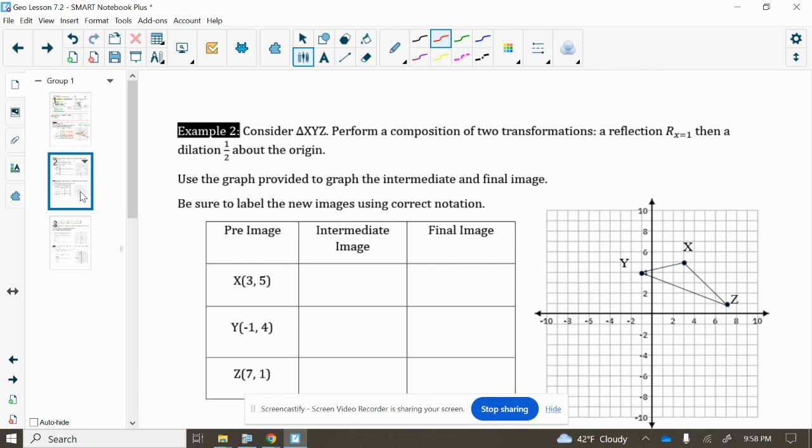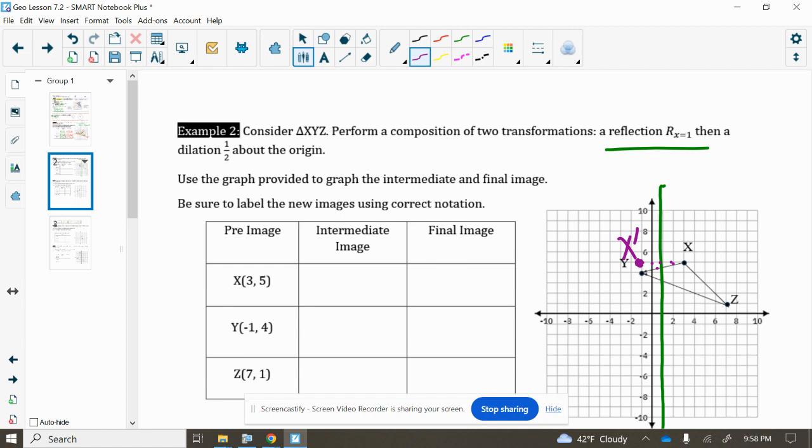Now on our next one, we want to start off this time with a reflection over the line x equals 1. So reminder, x equals 1 is a vertical line through the number 1, and each of these points, depending on how far they were from the original. So for instance, this x was 2 units away to the right. We are now 2 units from the left. Y was 2 units from the right. It is now also going to be 2 units from the left.